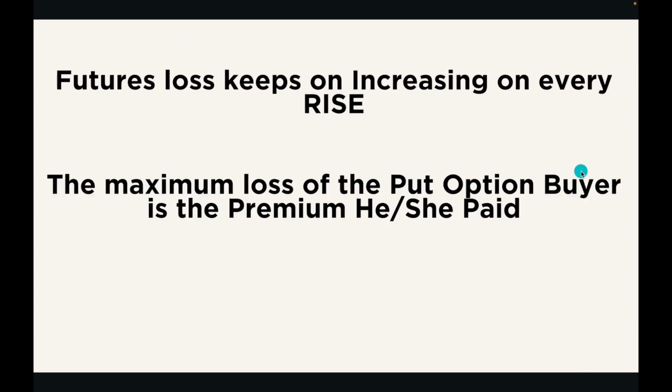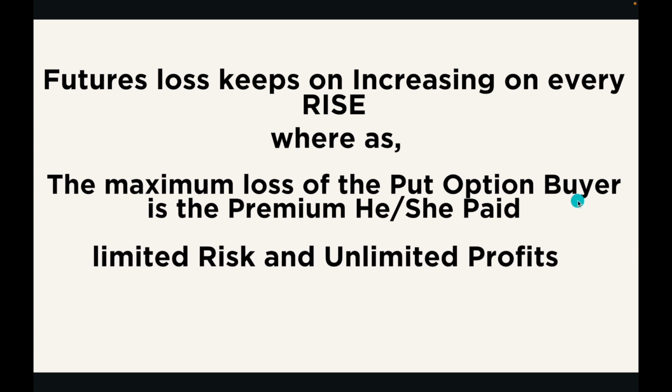So now let's conclude this. Futures loss keeps on increasing on every rise. That's what I said: if it is moving upside, or moving bullish, or moving towards long, then obviously futures have unlimited loss. As that keeps on increasing, the futures will get loss. Now what is the maximum loss? This is the question I asked, and the answer is also here, but still you can answer that.